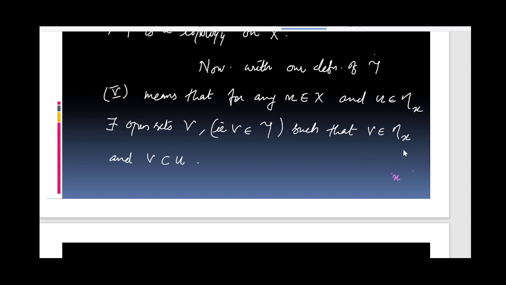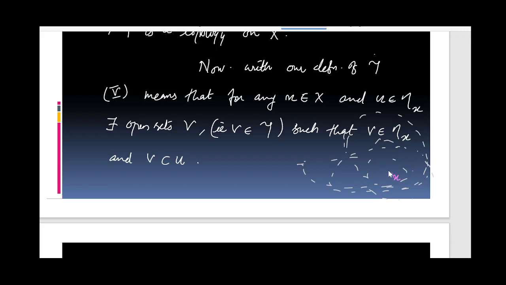Suppose these are your neighborhoods of x. Lots and lots of whatever I am drawing in dotted lines are all neighborhoods of x. Now x belongs to the topological space.